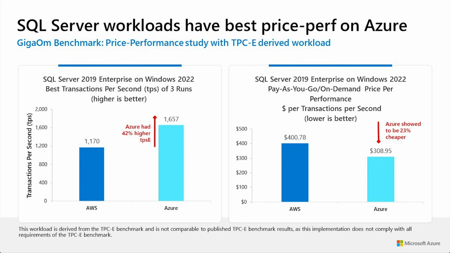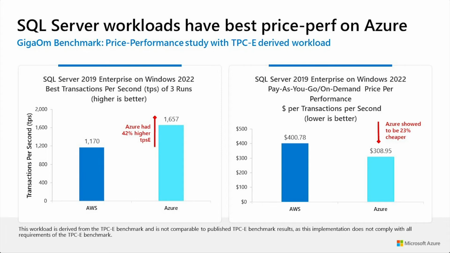GigaOM selected the R5P instance with compatible specifications for IOPS and throughput and the same cores as it was set up in Azure. They emulated configurations on premium SSD and GP3 volumes for storage, maxing out on IOPS and throughput specs for a direct comparison between these instances.